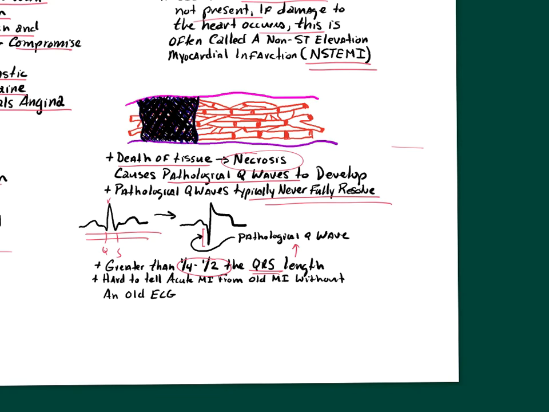So you can't use the Q wave to identify an acute problem from something that happened in the past. But ST depression and elevation tend to be more acute findings.